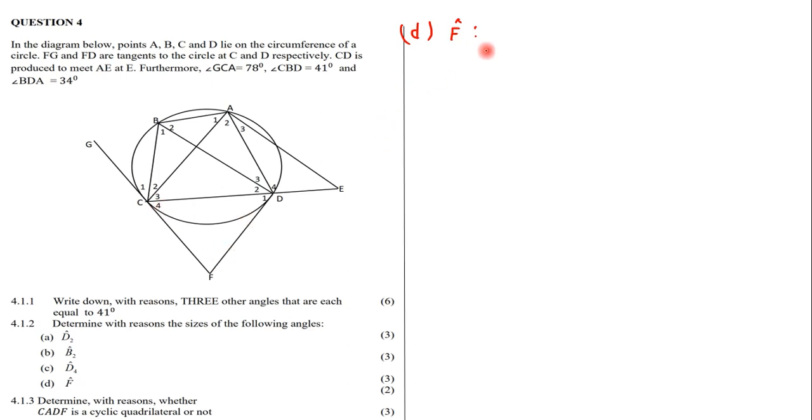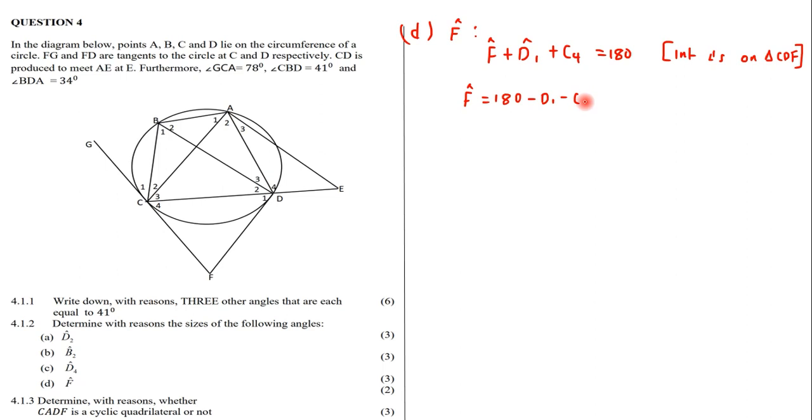So F plus D1 plus C4 equals 180. These are interior angles of a triangle. Let's just say CDF so that it can be clear. So now F equals 180 minus D1 minus C4, right?